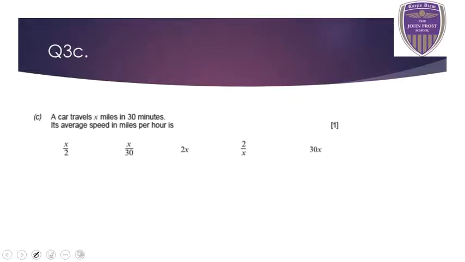Okay, so for question 3C, a car travels X miles in 30 minutes. The average speed in miles per hour is, okay, so because I can see average speed, the first thing I would want to do is that triangle, the one with speed, distance, time, and it's always a case of what do I know?